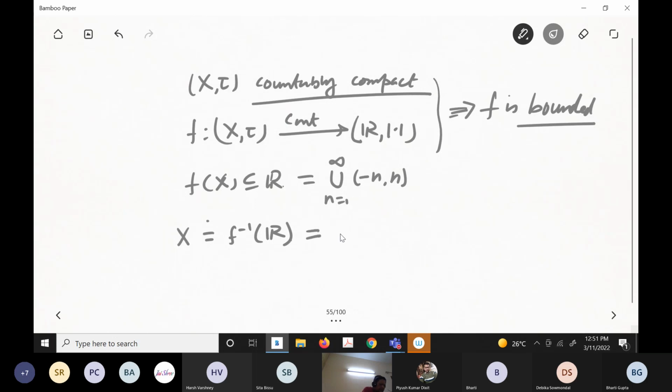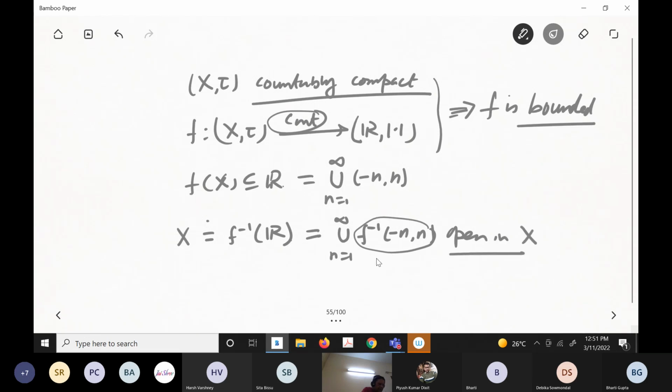F inverse of this. So that means that you get this. Look, since f is continuous, each of them is open in X. But this is a countable family covering X, and I have assumed countably compact. So there exists a finite subcover. There exists a finite subcover.